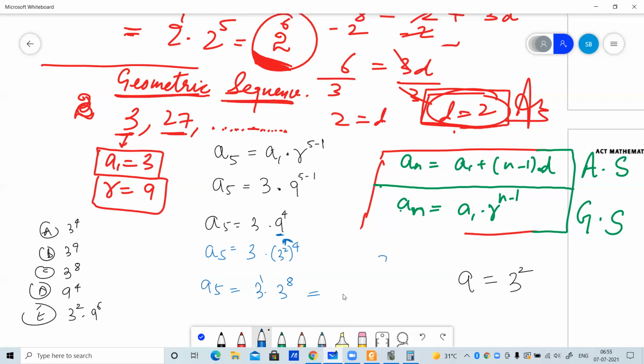When you have the same bases, keep the base the same. Always remember, keep the base the same and add the powers. So which option will it be?